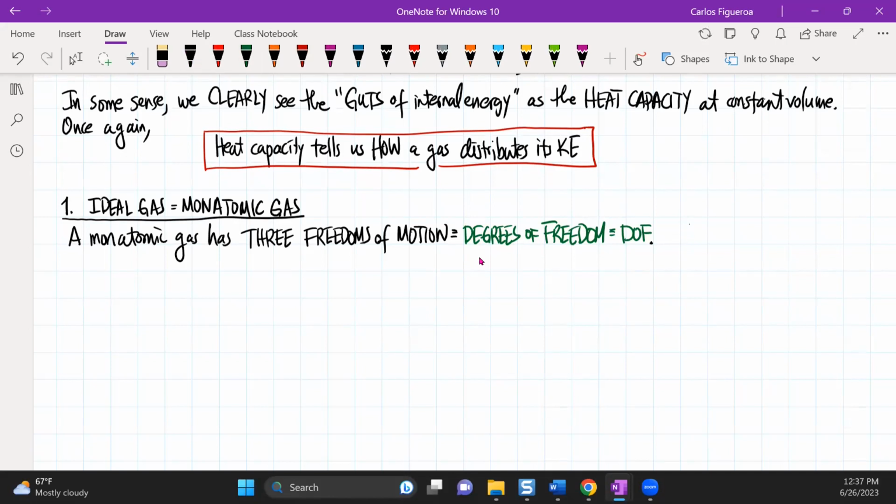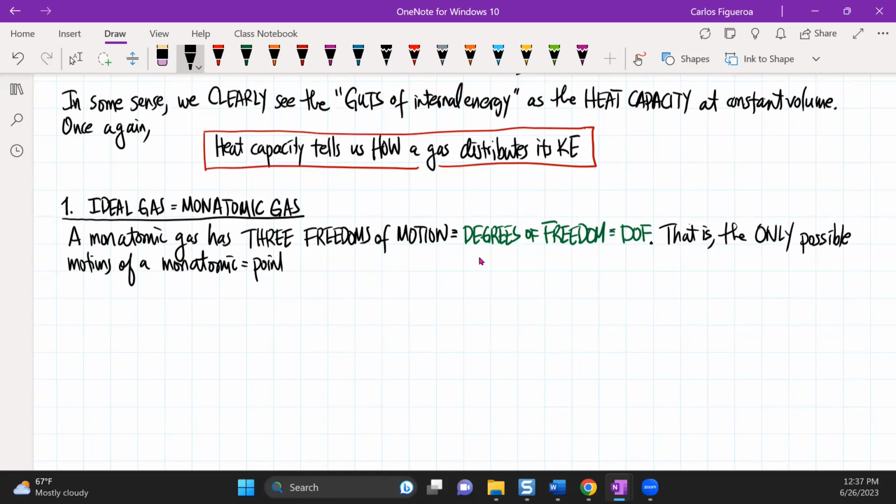Oops, that's not what I wanted to write. So let's try that again. That is the only possible motions of a monatomic. And by the way, monatomic also means point particle.